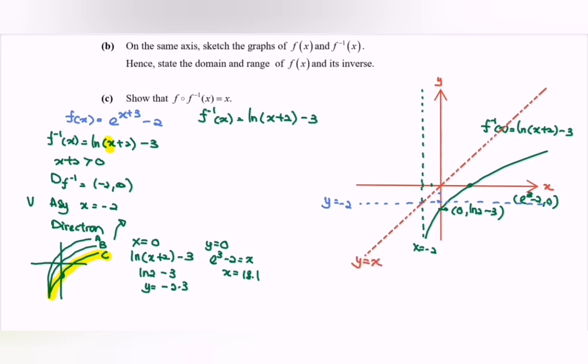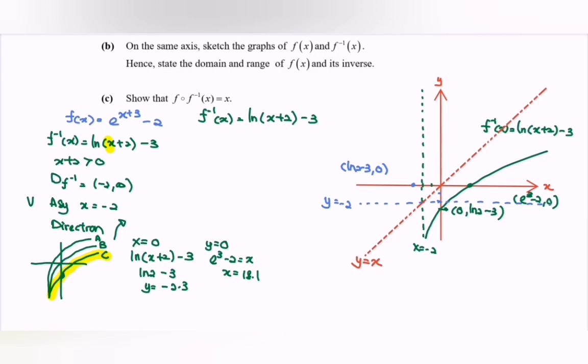Continue. The y-intercept for f inverse, if we reflect, becomes the x-intercept. So here will be the point (ln 2 minus 3, 0). Next, focus on the x-intercept for f inverse. As we know, e^3 minus 2 is around 18.